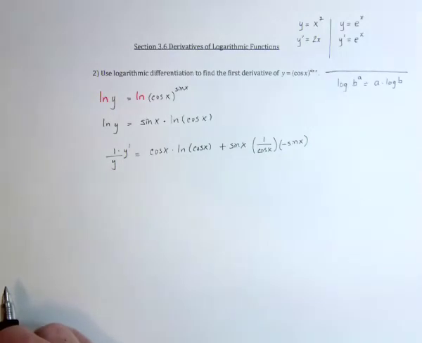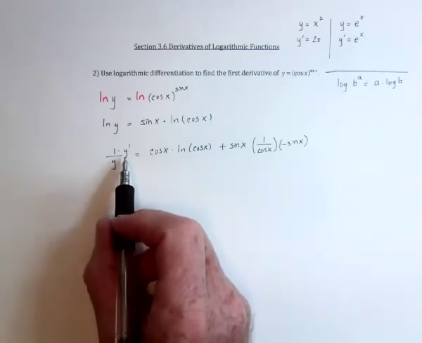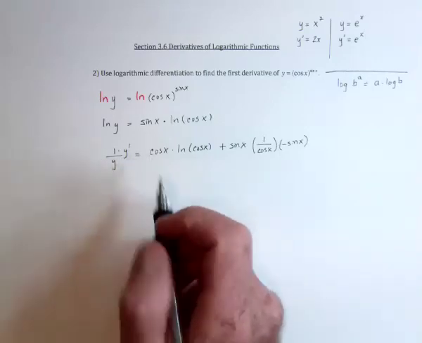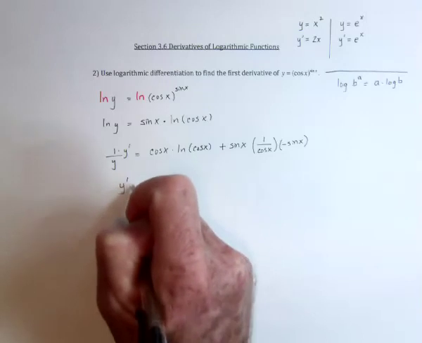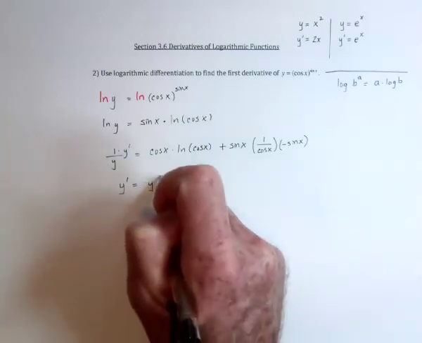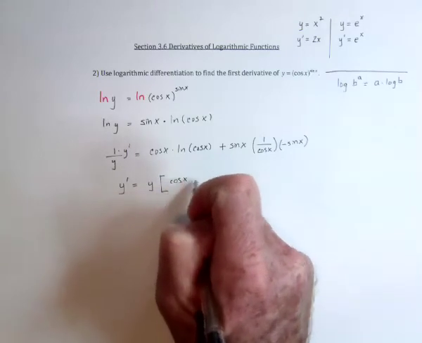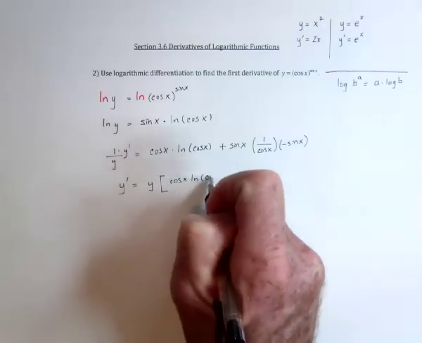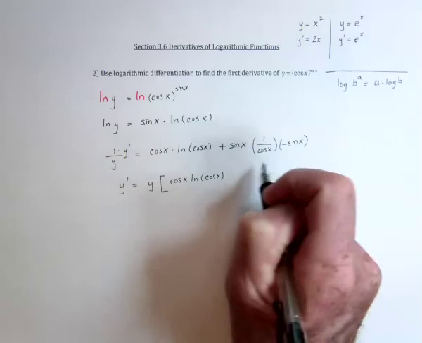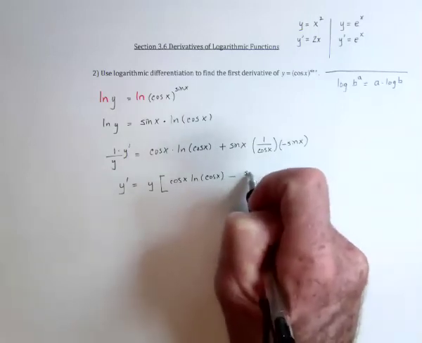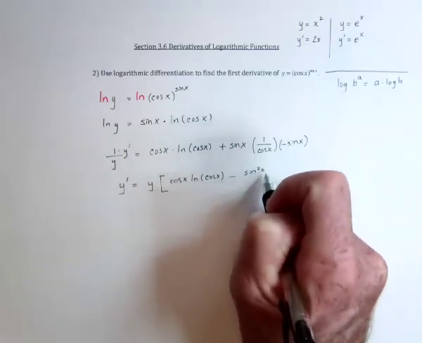And then we just need to clean it up a little bit. So for one thing, we need to solve for y prime. So multiply both sides by y. This doesn't really have any cleanup. And then this will be negative sine squared for the numerator.